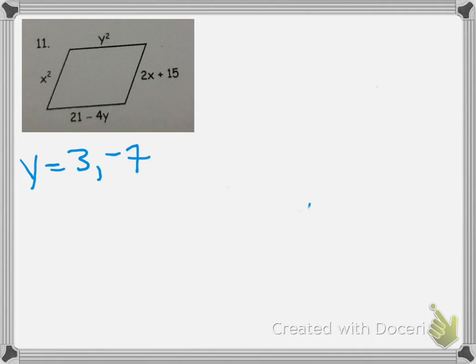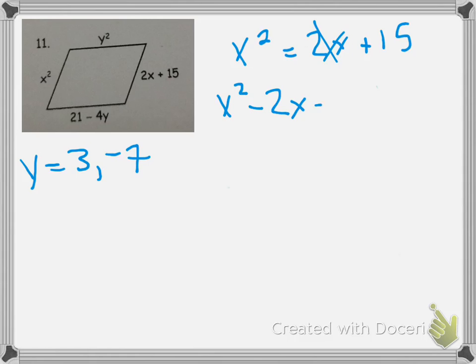Alright, so the x is x squared equals 2x plus 15. Alright, so if we move the 2x over, that becomes x squared minus 2x, gets rid of that, minus 15, gets rid of that, equals 0. Alright, what two numbers multiplied together will give you negative 15, but added or subtracted gives you negative 2. So factors of 15 are 5 and 3.